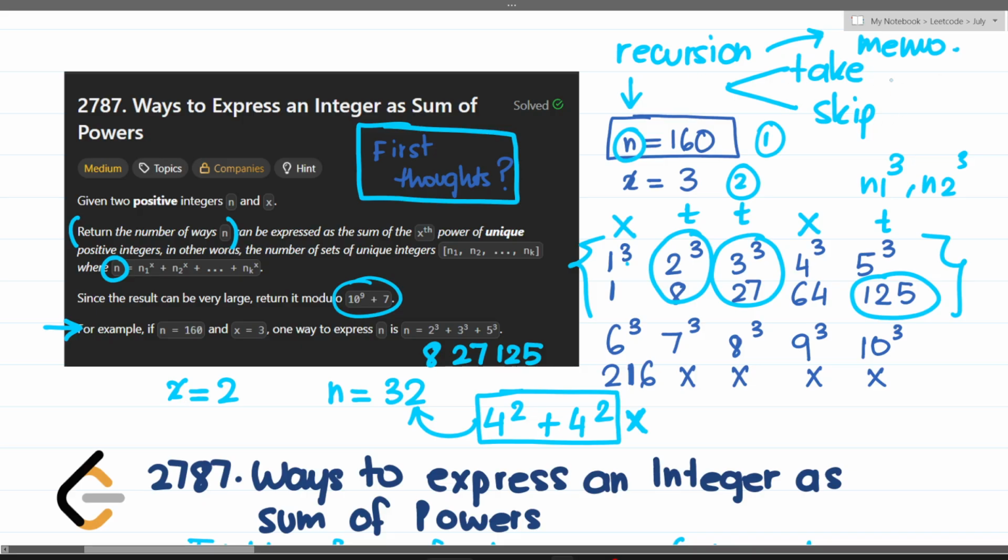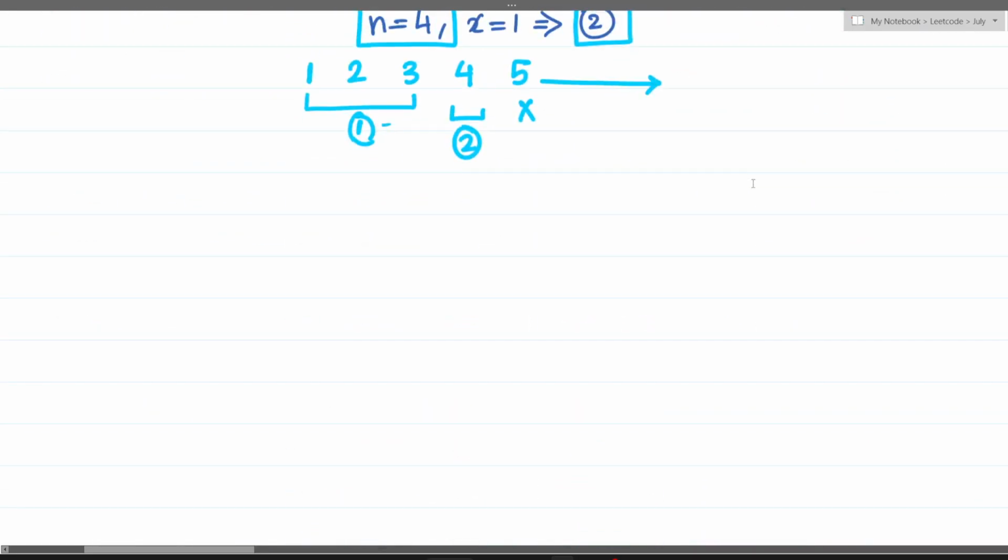If you have two or more states which are repeating, so if you have one certain state which is repeating more than one time, then I can very clearly memoize it, I can very clearly cache it, right? So how am I going to exactly implement this take and skip approach?